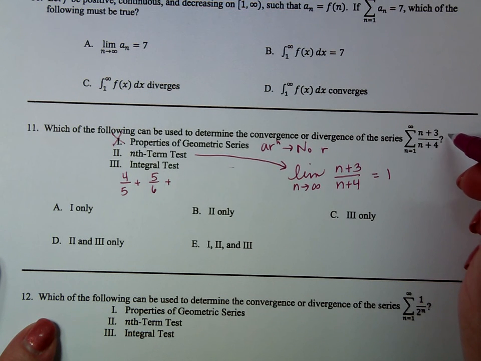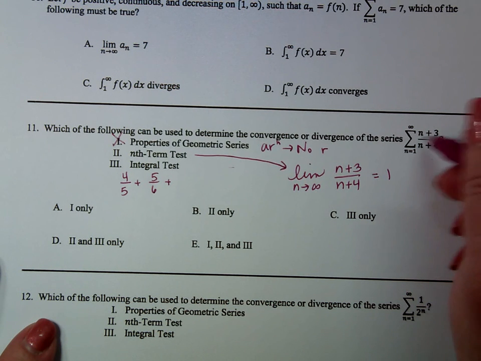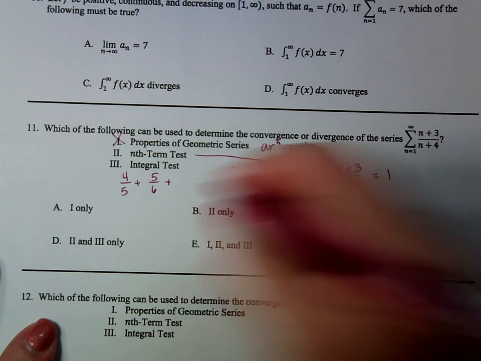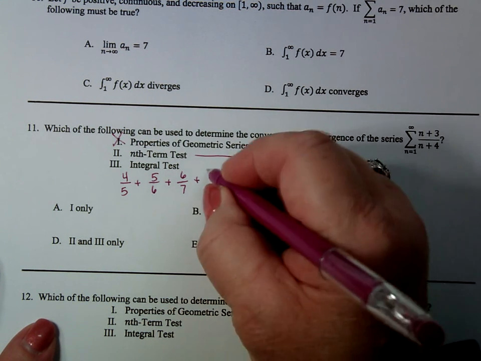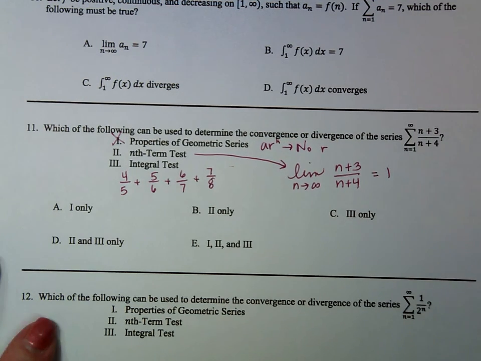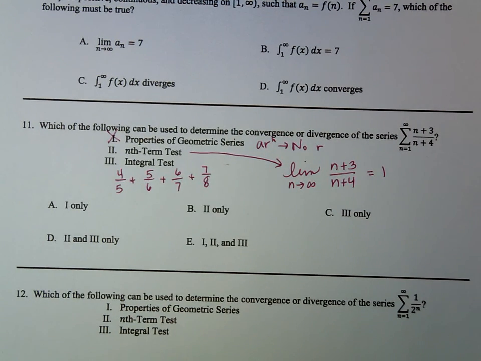I'm sorry, I'm looking ahead. 5, then I'm 3, so 6 over 7. What's happening with those fractions? Are they getting smaller or bigger? If I do even the next one, if I go to 4, then I'm at 7 over 8. Are they getting smaller? Are they decreasing? I don't think so. If you're not sure, let's check it out.